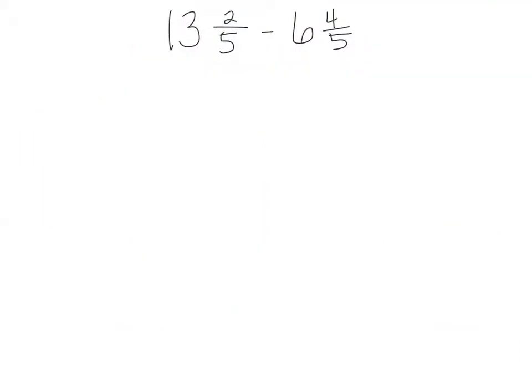Our next example is 13 and 2/5 minus 6 and 4/5. The first problem I run into is that 2/5 cannot subtract 4/5. So my first strategy could be to turn both of these mixed numbers into improper fractions.